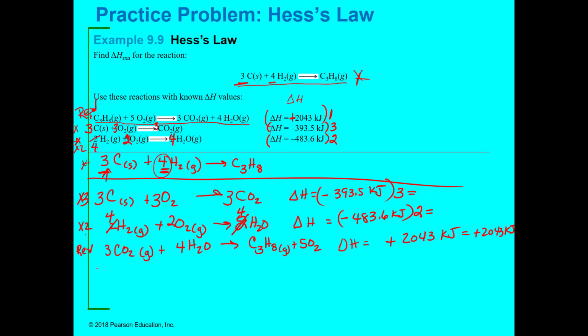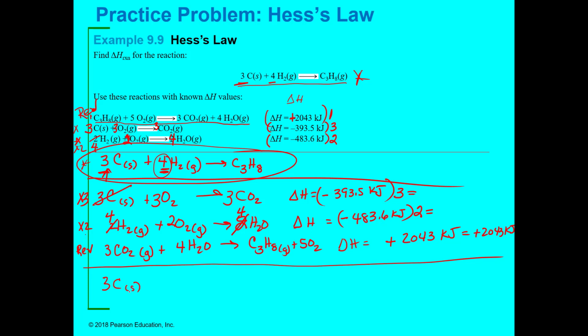So, let me show you how you know you've done it right. So what I wanted to end up with is this, okay? So I have 3 carbons. I have 4 H2s. And I have 1 C3H8.